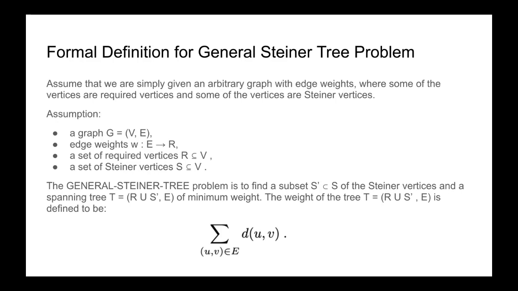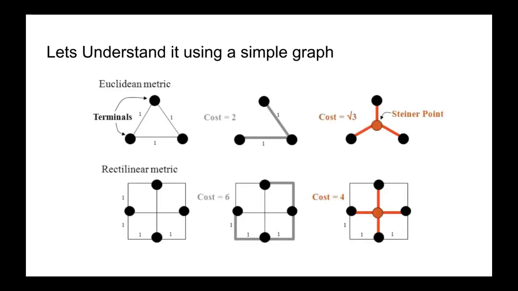That means the weight of the tree on R union S' along with the edges is defined to be basically the summation over all the edges (u, v) of d(u, v), basically minimizing it. So let's understand it using a simple graph.